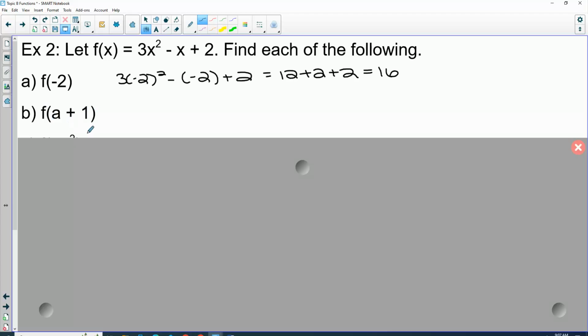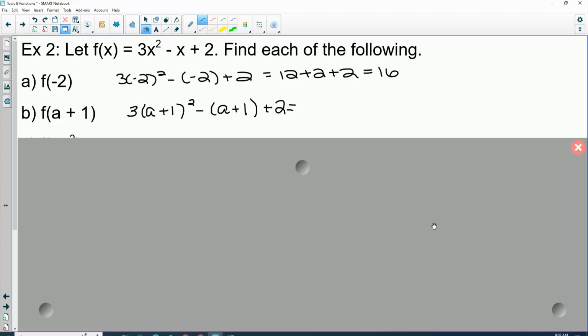We are going to see expressions like this a lot. So f of a plus 1. We did just a couple in college algebra because I was trying to set you up for this class later on. But it's the same idea. You are replacing your x with an a plus 1. So we're not going to get a number answer here. We are just going to get an expression that has a's in it still.